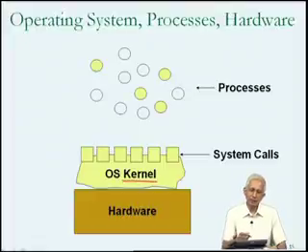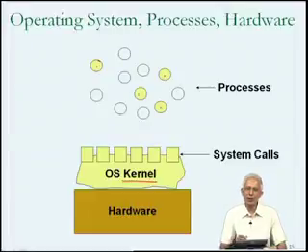For example, some of these processes that you see over here are yellow, and you would have noticed that the color yellow in this slide is being used for operating system components. So what is being suggested is that some of the processes, in other words, some of the programs in execution, are actually operating system processes. They are doing something for or on behalf of or as part of the operating system.